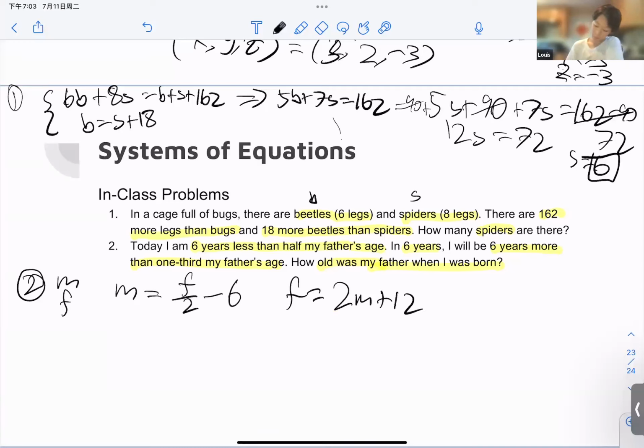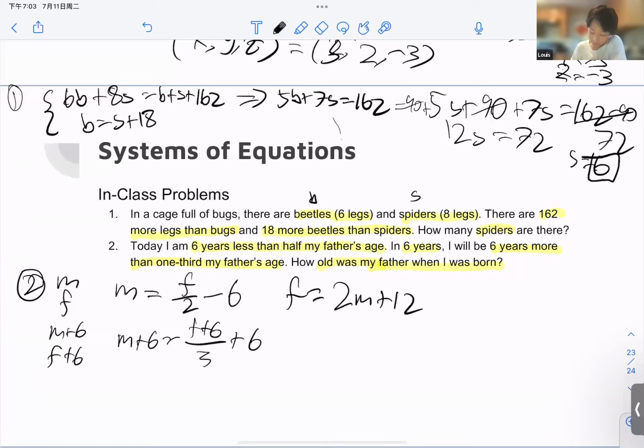And in 6 years, our ages are M plus 6 and F plus 6. So M plus 6 equals (F plus 6) over 3 plus 6.